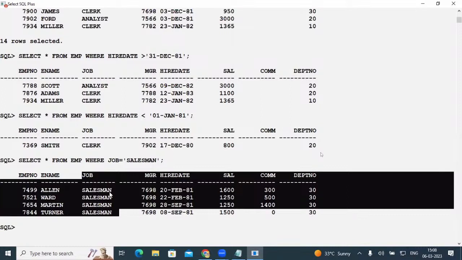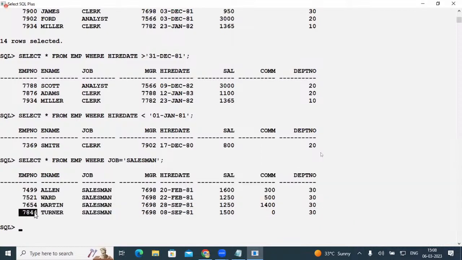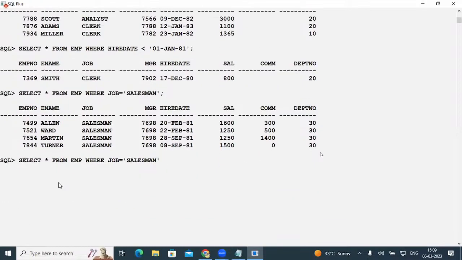But out of these 4 salesmen, I require a specific person whose employee number is 7844. In this salesman group, is there any employee whose number is 7844? There is. So the second condition is also true. So the first condition: job is equal to salesman, and whose employee number is equal to 7844.